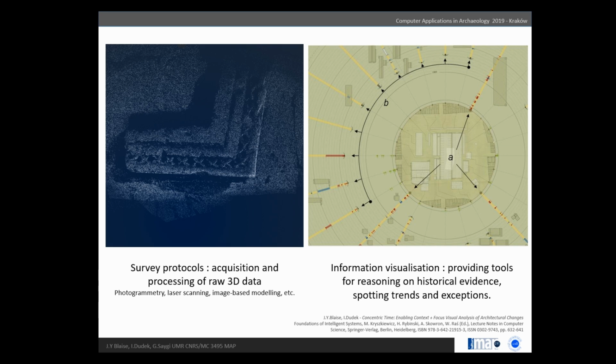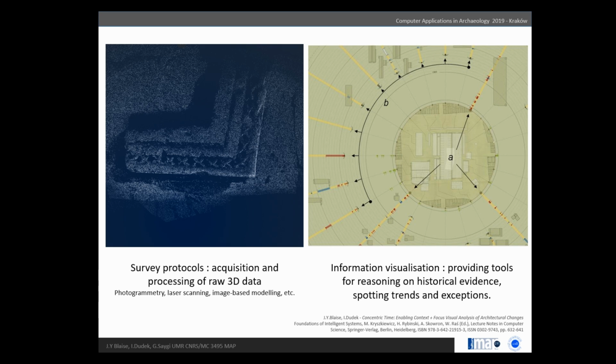The example I'm showing to you here is called Concentric Time. This place that you see here is Krakow's main square. Radiating from the map are basically timelines on which we report various events that occurred on each of the edifices that were built on that market square.